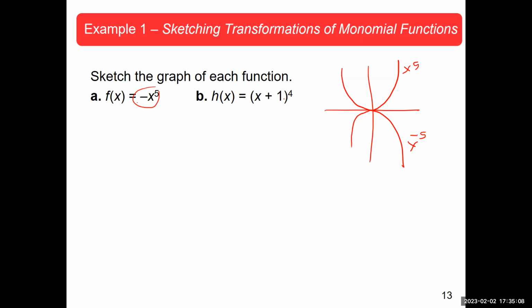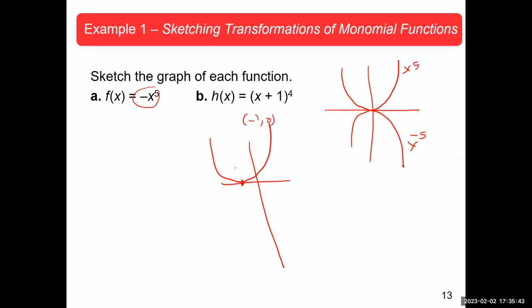This one is still not that complicated. x to the power 4 is positive. This is being shifted to the left by 1, so your vertex is at (-1, 0). We learned that before. So if I have to draw it, the vertex is over here, and the function faces up because it's positive.